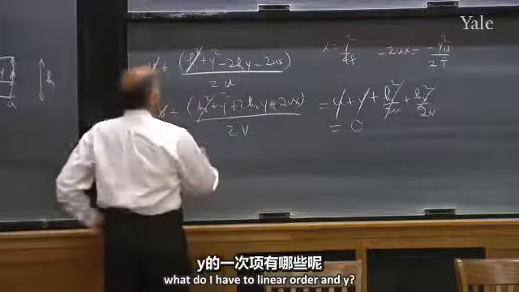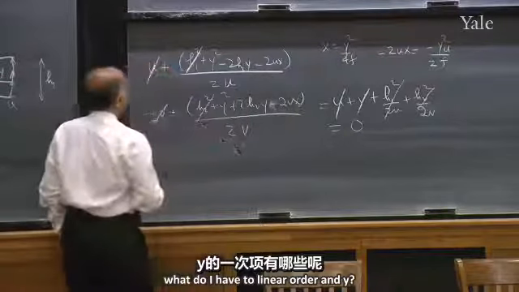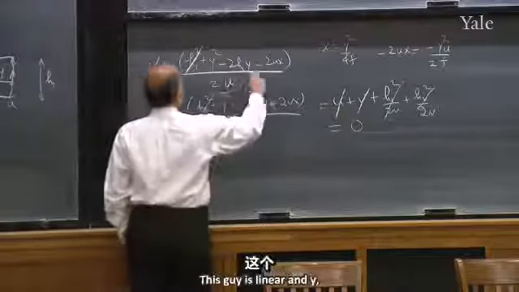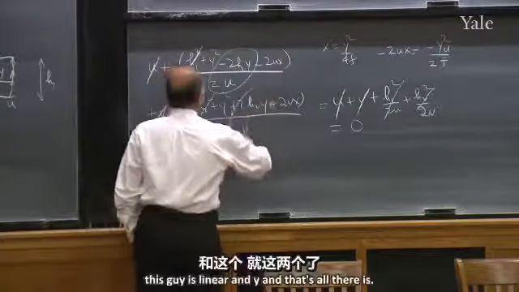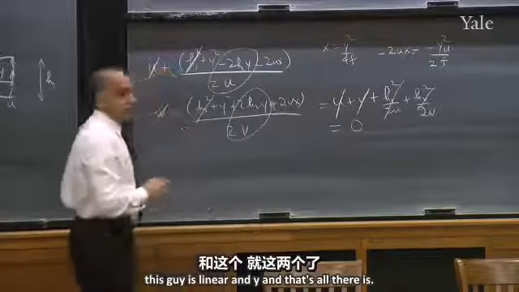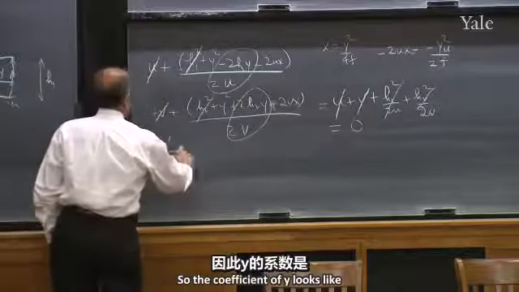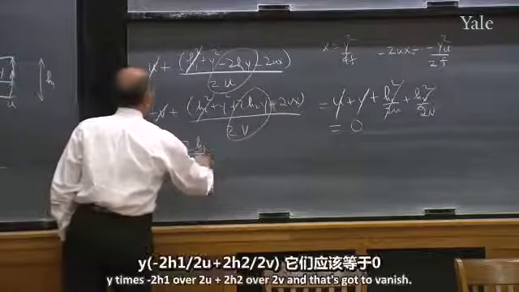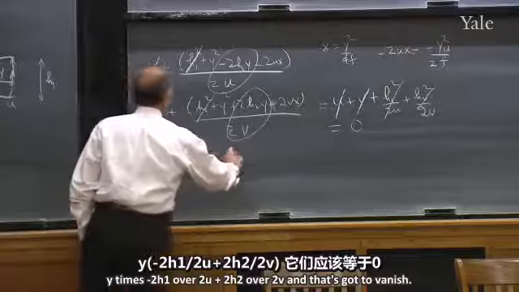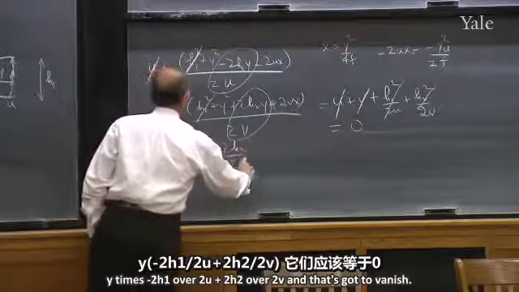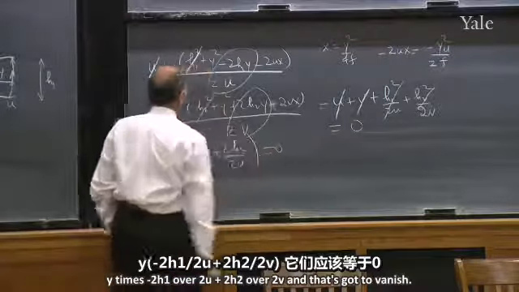So what do I have to linear order in y? This guy is linear in y, right? This guy is linear in y, and that's all there is. So the coefficient of y looks like y times minus 2h1 over 2u plus 2h2 over 2v, and that's got to vanish.